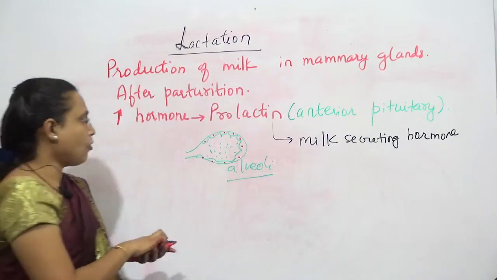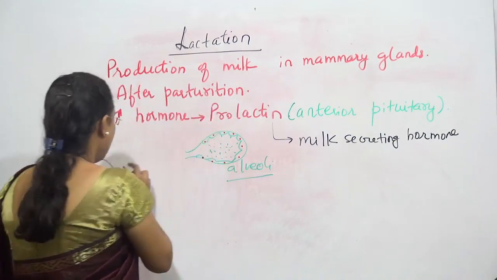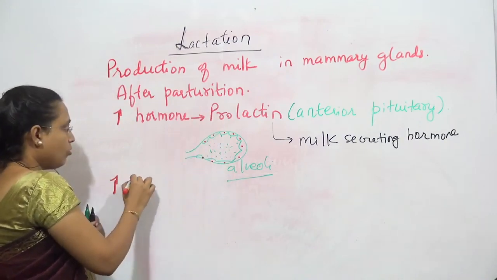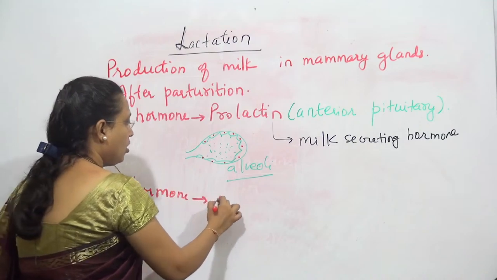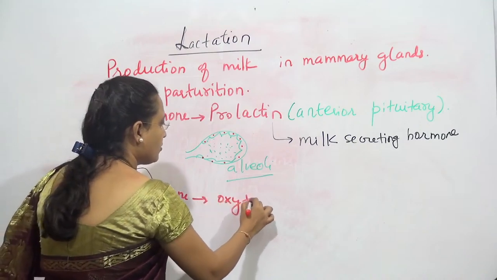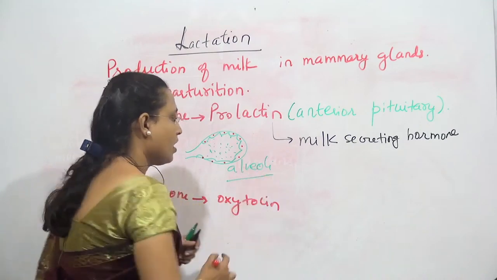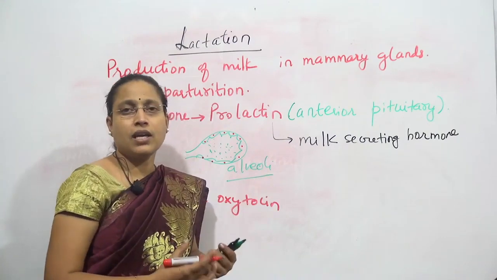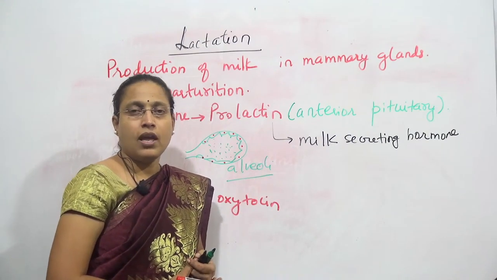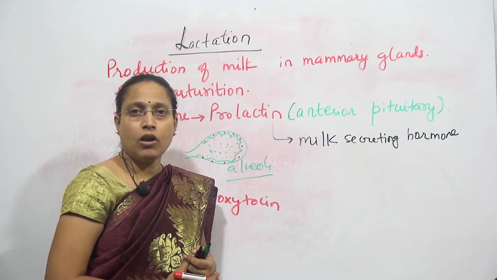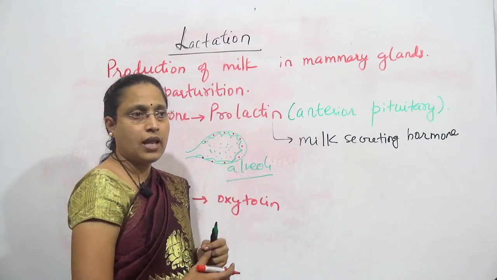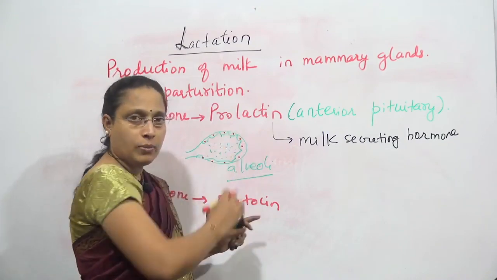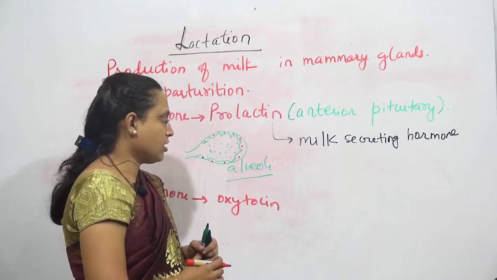The second important hormone for lactation is oxytocin; there is also an increase in oxytocin. I told you earlier, the general function of oxytocin is smooth muscle contraction. Here also, muscle tissues will be affected by oxytocin.